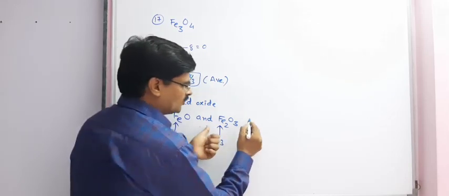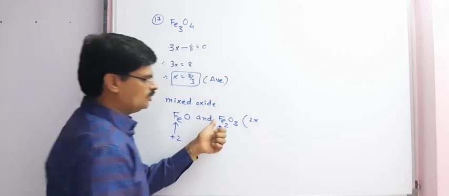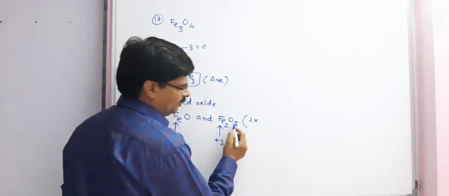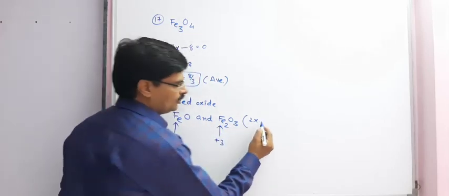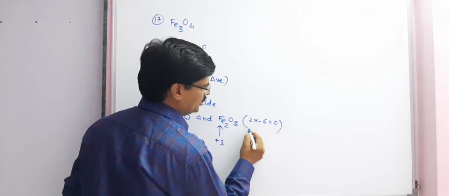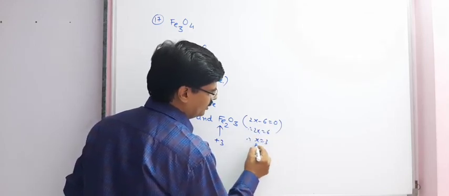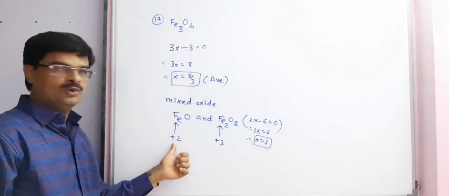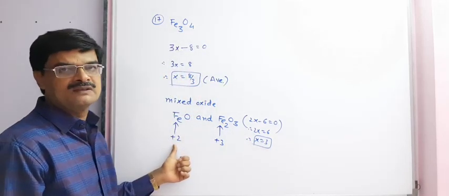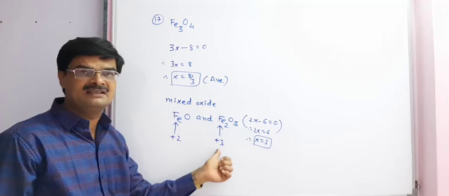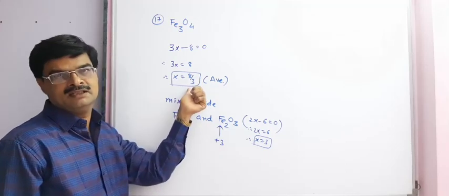How can this be solved? Say X for Fe, so 2X. For each oxygen -2, so -6, and the sum is equal to 0. Therefore 2X is equal to 6, X is equal to 3. So the real oxidation states will be 2 and 3, not 8 by 3.